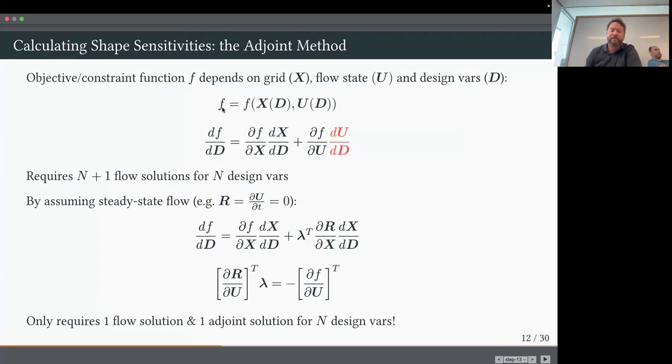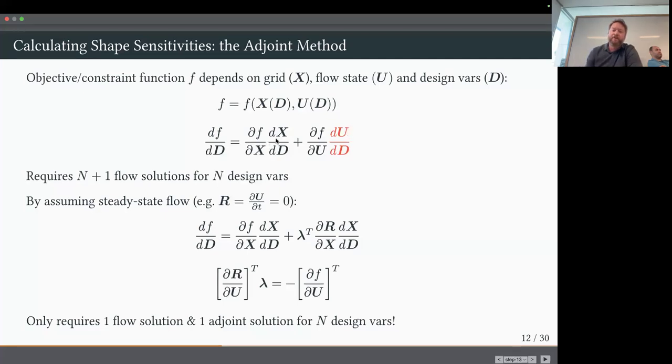If we start with some objective function that is a function of our grid positions and our flow state, and in turn the design variables, we could expand that out, and we're going to have some sensitivity to our grid, and we're going to have some sensitivity to our flow itself. And the term here that I've got highlighted in red is going to be the difficult one. This is the one that's going to scale with the number of design parameters.